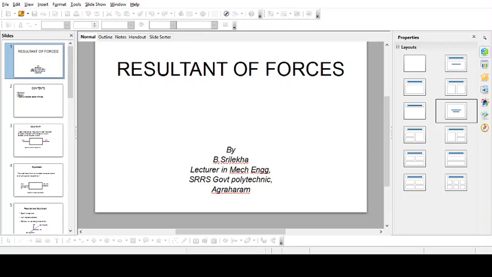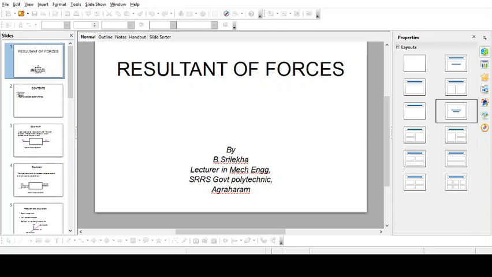Now, if there are n number of forces, what are the various methods we use to find the resultant? You can make use of the graphical method and also the analytical method. Today we are going to discuss the analytical method.